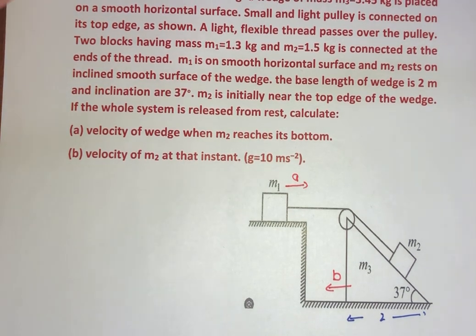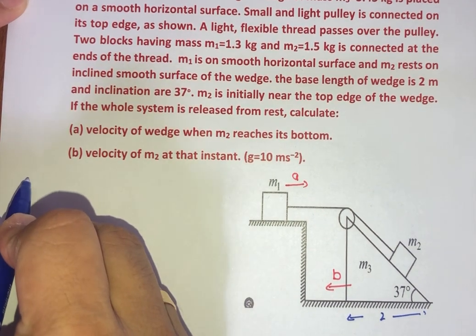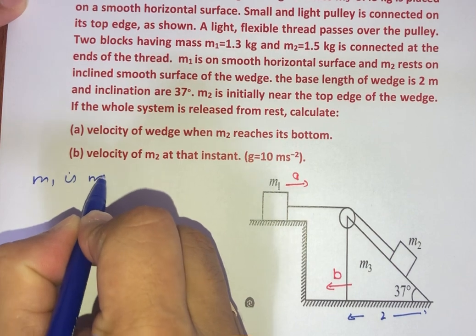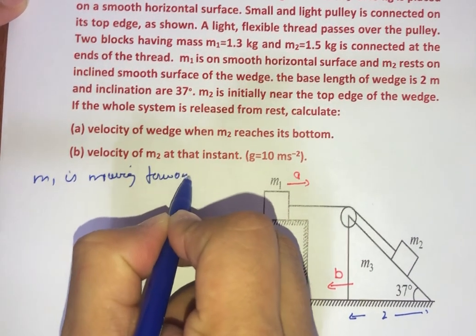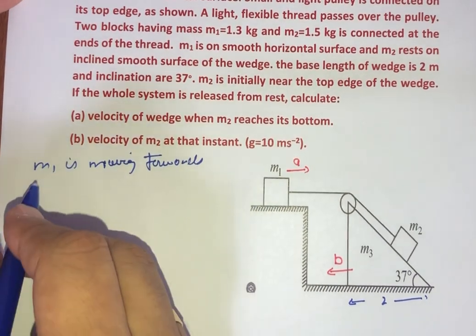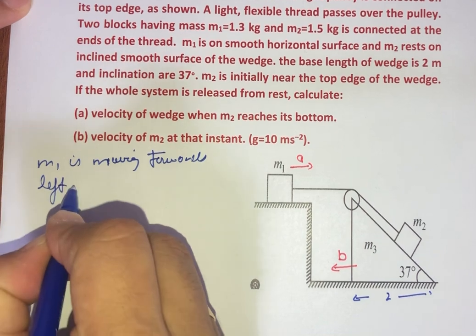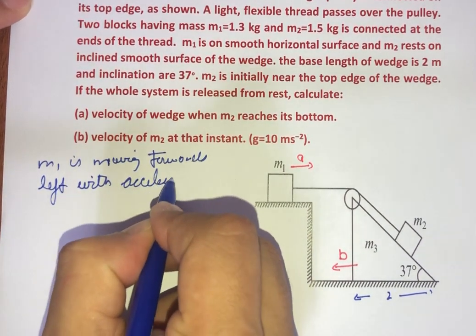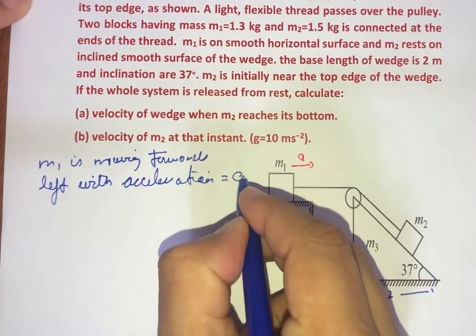Say that M1 is moving towards right with acceleration A1.